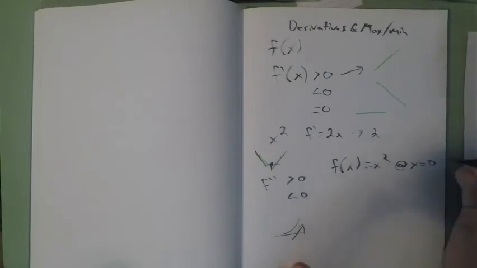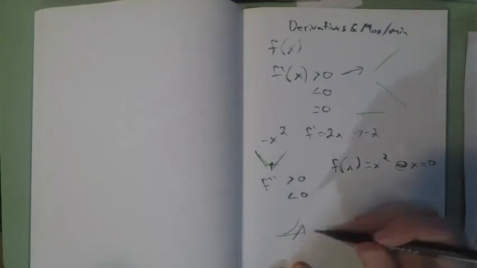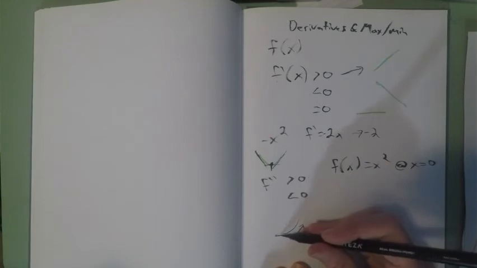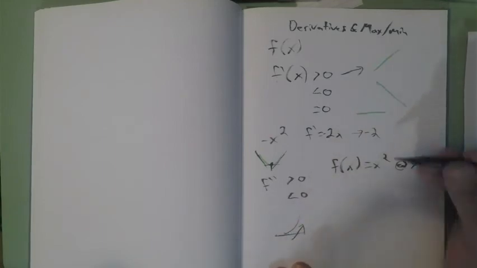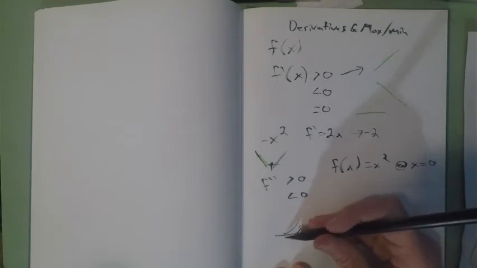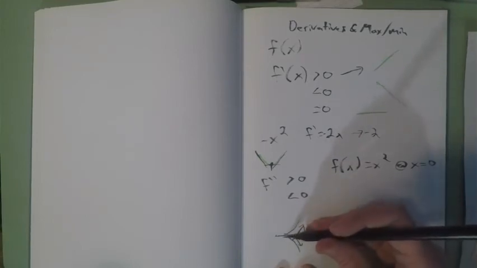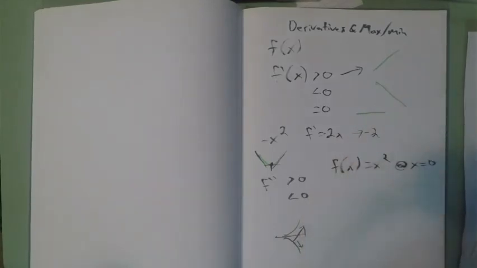So if we were to flip this whole thing, say negative x squared, our first derivative is negative 2x, our second derivative is negative 2. That tells us that we're starting from a flat point and we're moving to a smaller slope. Smaller than 0 means we're looking at a negative slope, which means it looks like we're looking at the top of a hill.